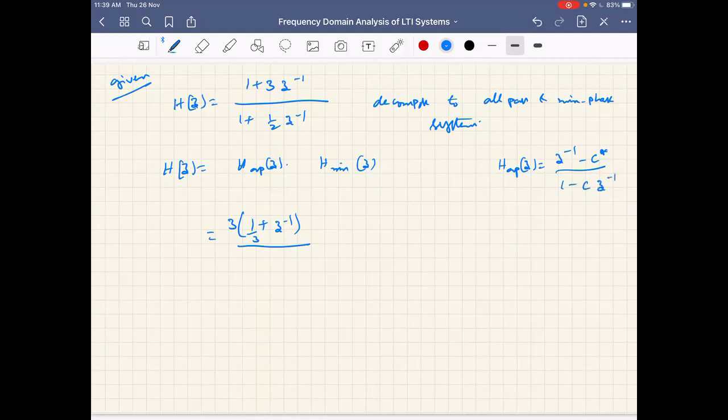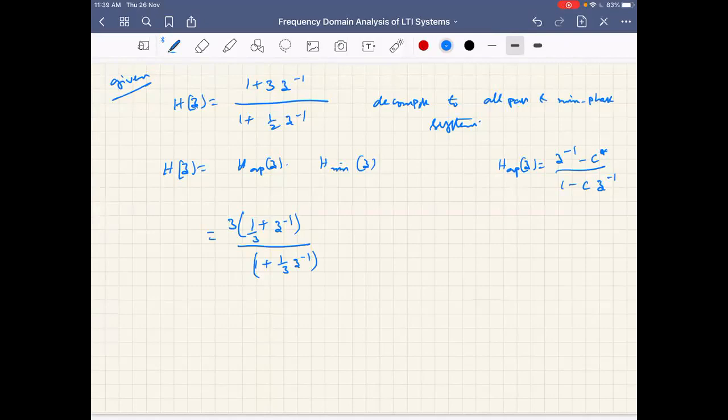Here minus c star is equal to 1 by 3, or c equal to minus 1 by 3. Okay, so 1 by 3 plus z inverse.